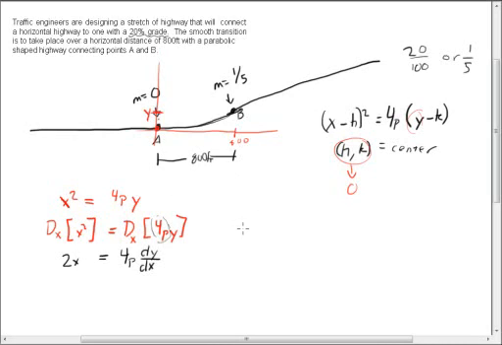Well, we know that dy/dx evaluated at x equals 800 is going to equal what? Well, we know our slope's 1/5, so 1/5. Now we want to evaluate this at x equals 800. dy/dx is equal to 2x over 4p.